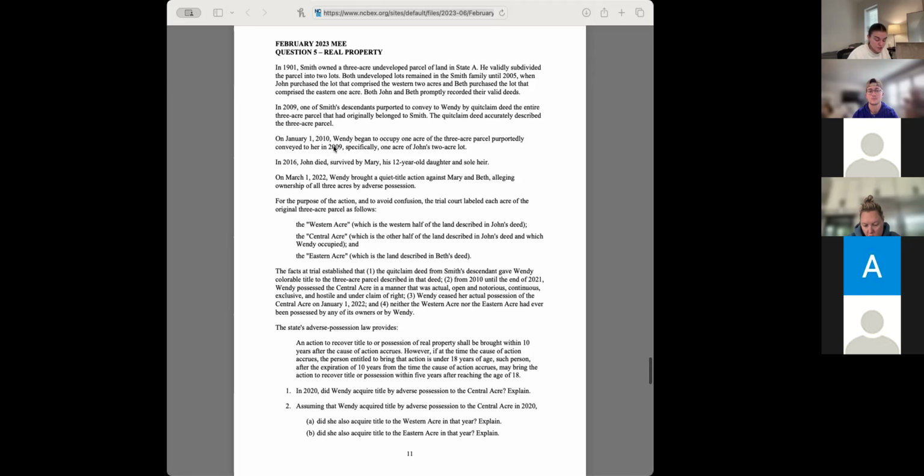So now we know that this is when she comes in to actually be on the land in the central lot. Then we have 2016, John dies. Then 2022, and he gives it to Mary, right? Then we have Wendy, who brought a quiet title action against Mary and Beth. Okay. So this is what my diagram looks like in completion.